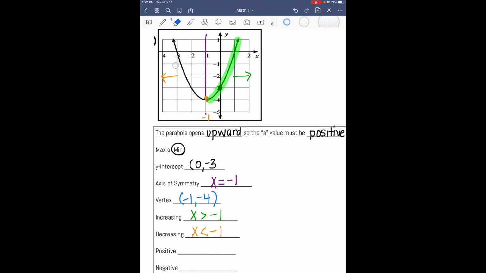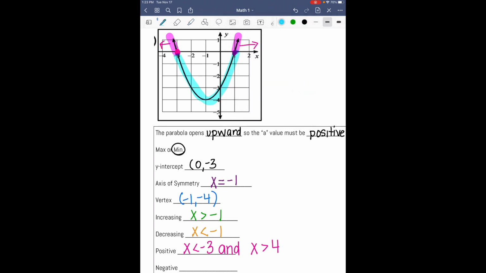All right, and then finally, we're going to do our positive and our negative. Our positive this time is actually sectioned into two pieces. My positive section is when x is less than -3 and when x is greater than 4. And then our negative side this time is when it's below the x-axis, so that's all one piece.